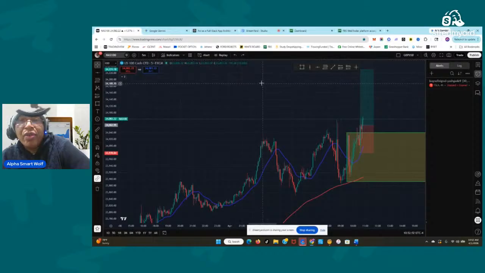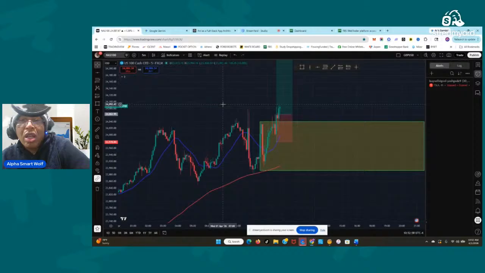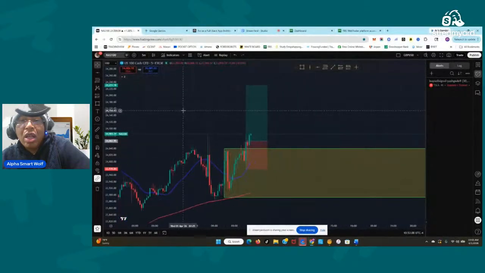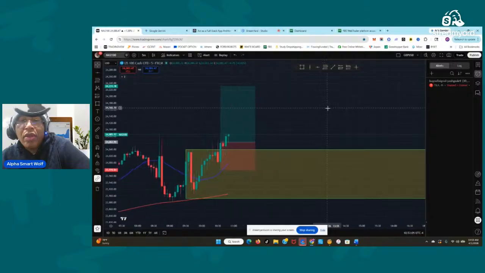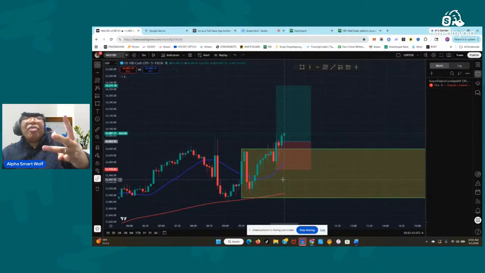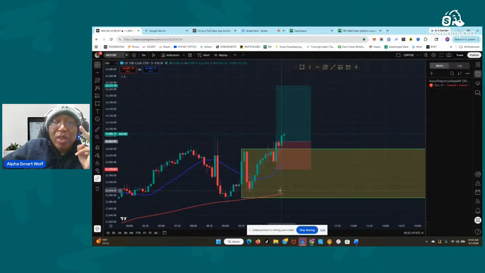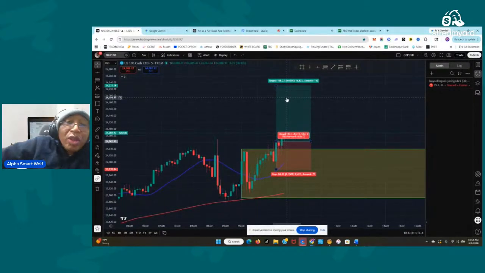There we go. Now I think it's going to be time for it to come down, because you see they're separated. You can see the positions of the moving averages when they're far away from each other.